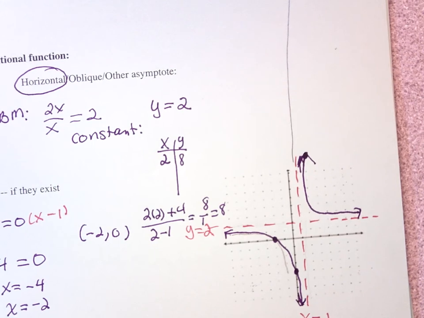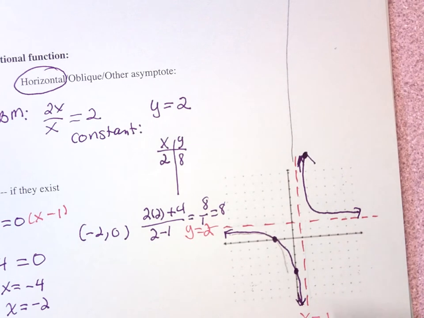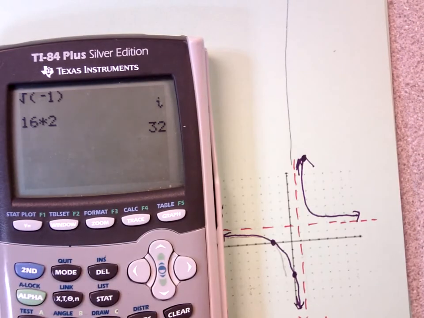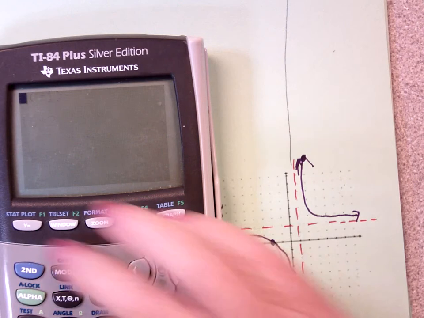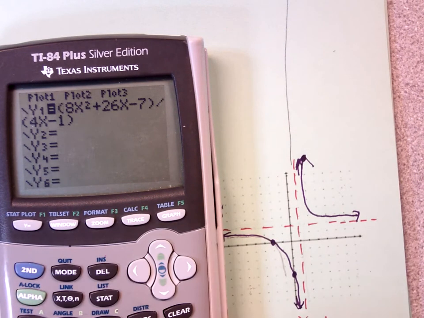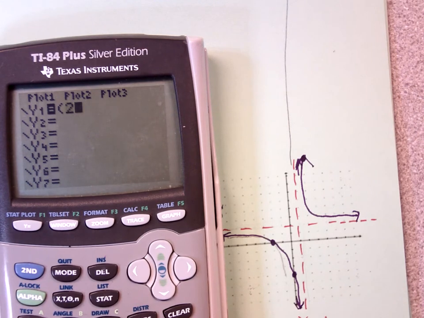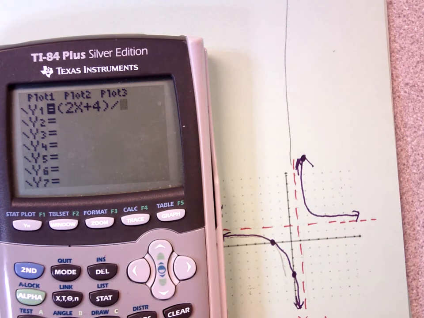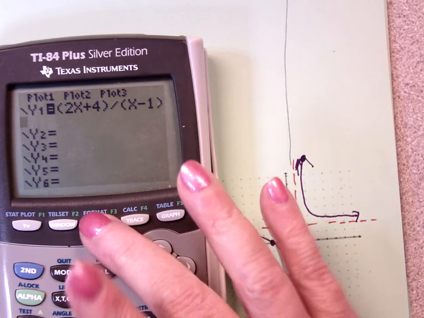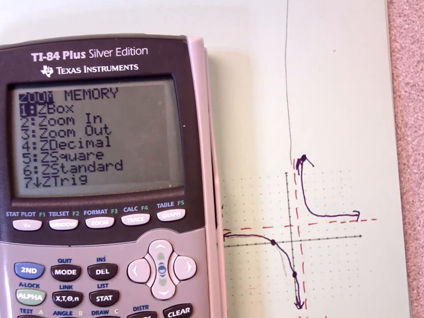They're very, very hard to see in your calculator. So if I were to try to graph this in my calculator, I'd have to be very careful, because I'd have to put the numerator in parentheses because of order of operations, divided by the parentheses in the denominator, and then I'm going to do a zoom standard because I don't know what I did last with my calculator.